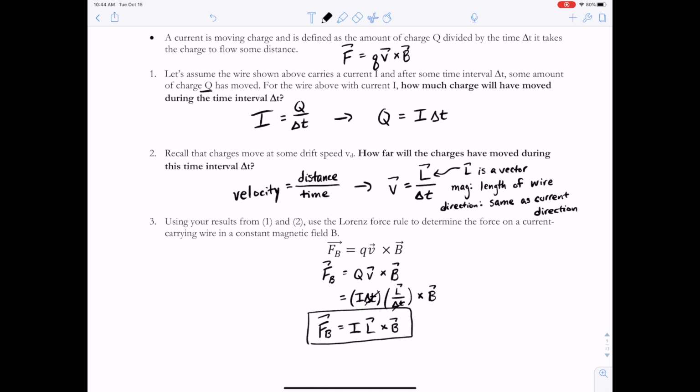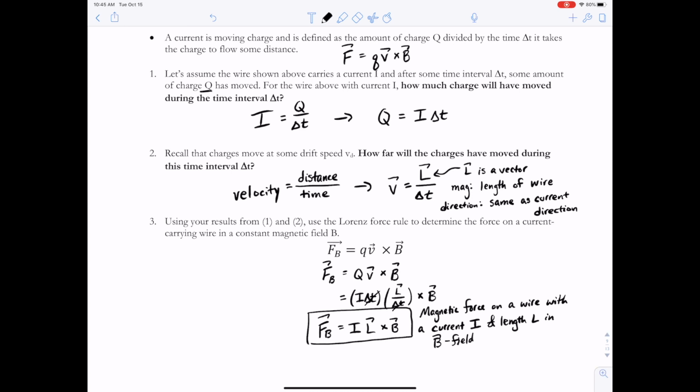and then write ourselves a note reminding us of what we just found, which is the magnetic force on a wire with a current I and length L in a magnetic field.